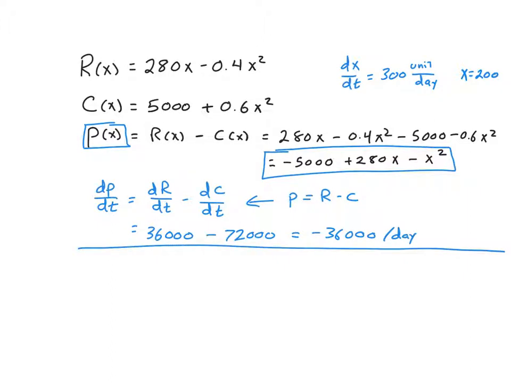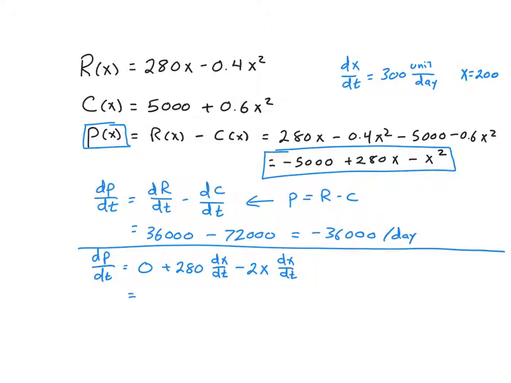Or I could do what I've done before and take my profit function and differentiate both sides implicitly. So I could do dP/dt, and then using this right-hand side, the negative 5,000, the derivative of that will be 0. The 280x, the derivative of that will be plus 280 dx/dt. And then minus x squared, the derivative of that is minus 2x dx/dt. And then I can put in the values I know.